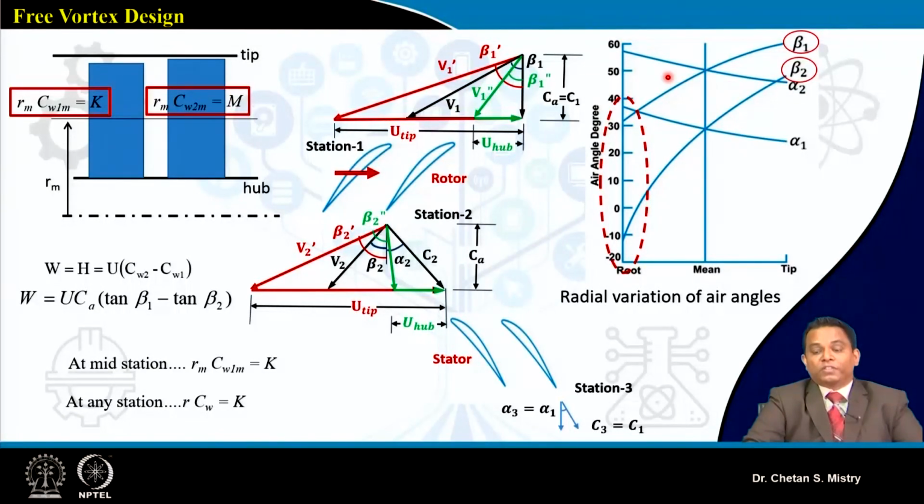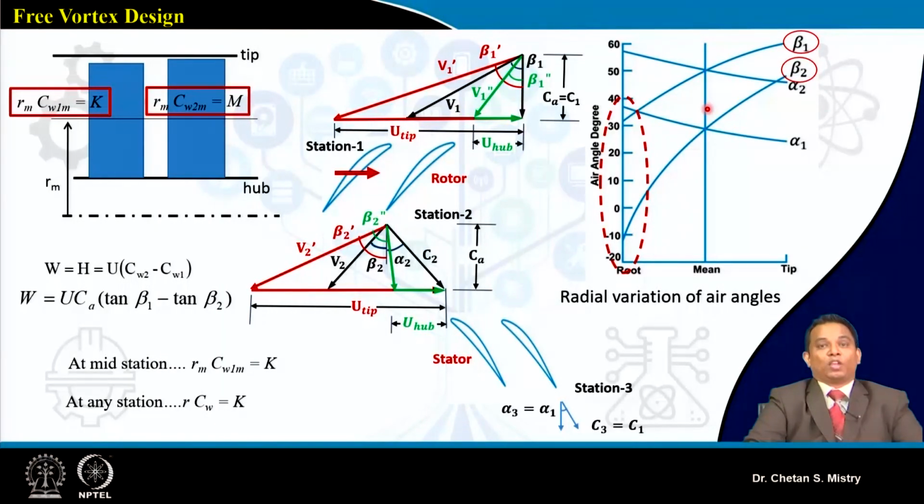And this delta beta variation gives us an idea about what is happening in the sense of blade twist. And that is the reason we must realize that the blade for free vortex design will be a highly twisted blade.